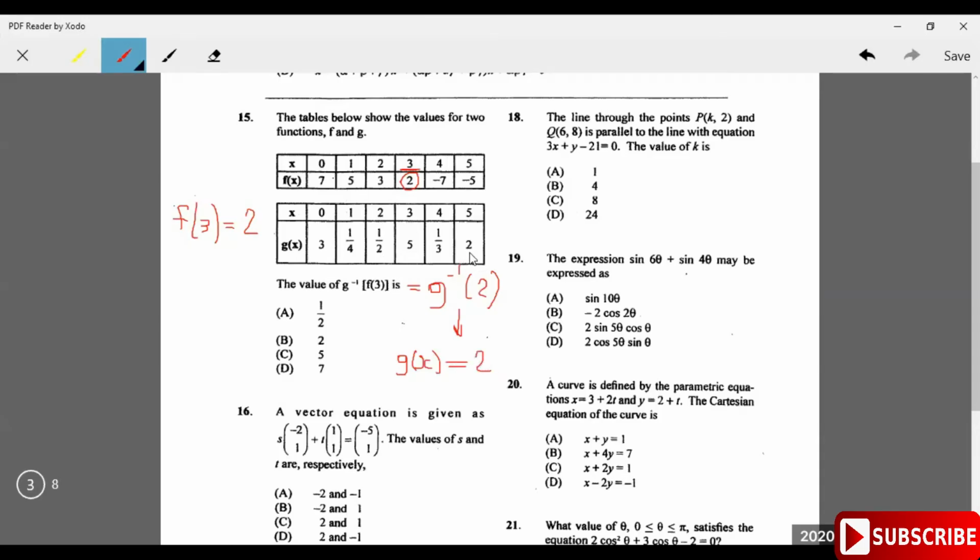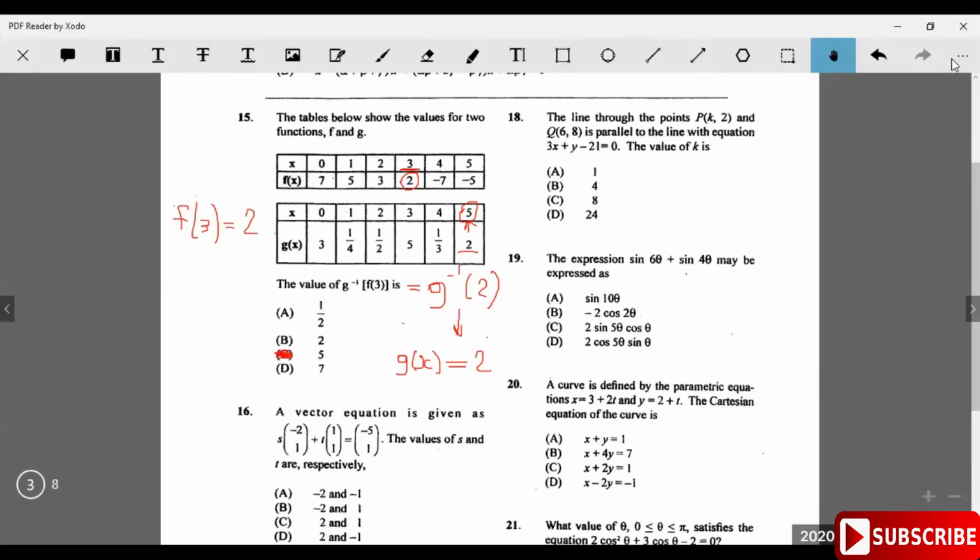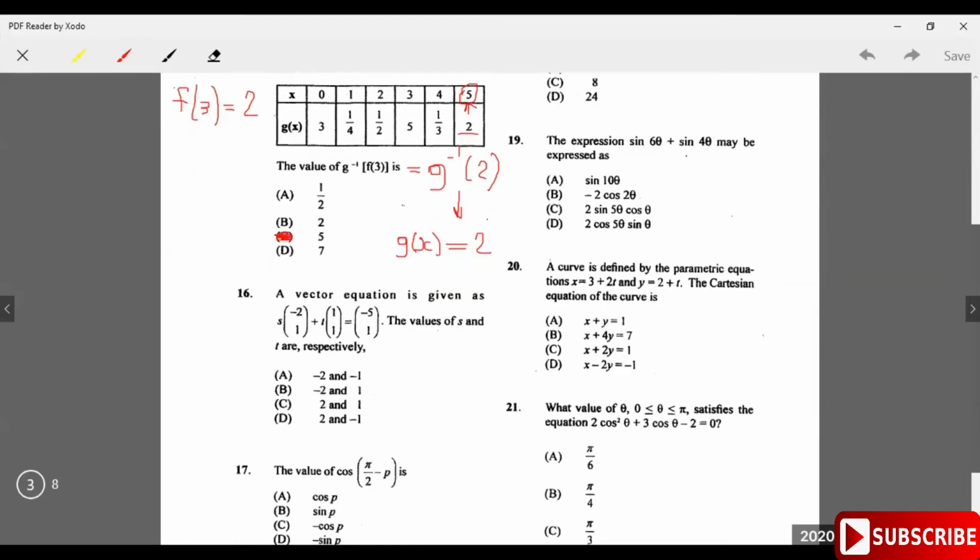When g of x is 2 right here, the corresponding x value is 5. Therefore g inverse of 2 is equal to 5. So that is C. That's an easy question.